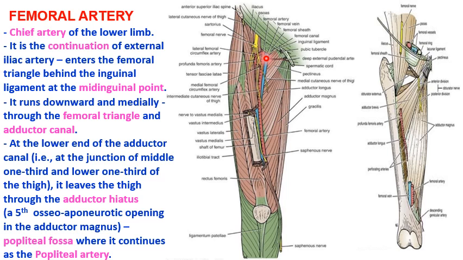Now this chief artery of the lower limb, the femoral artery, is the continuation of the external iliac artery as it enters the front of the thigh in the femoral triangle, behind the inguinal ligament, corresponding to the mid-inguinal point, within the femoral sheath.